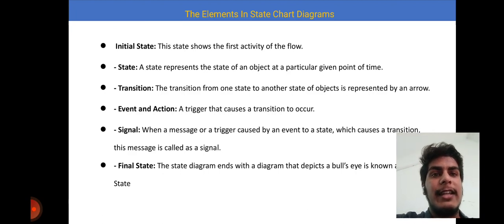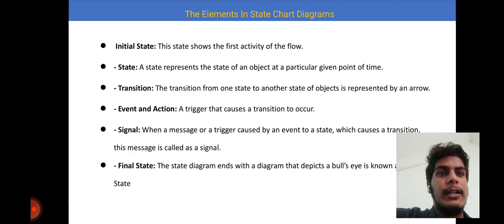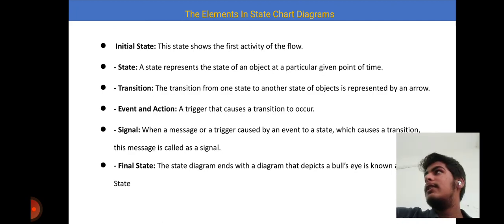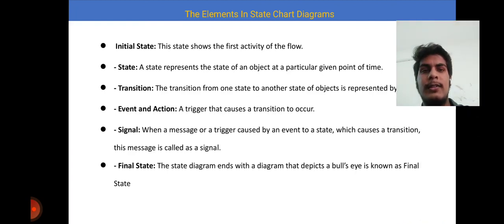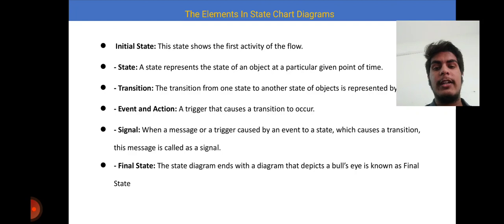Event and action: a trigger that causes a transition to occur. A message or trigger caused by an event to the state which caused a transition is called a signal.